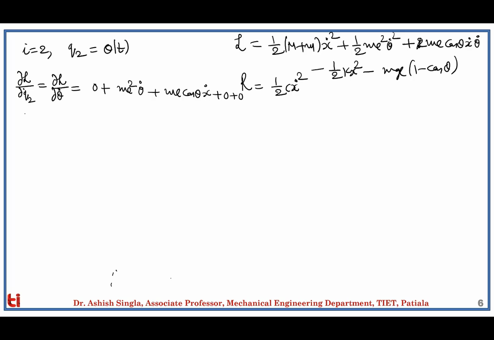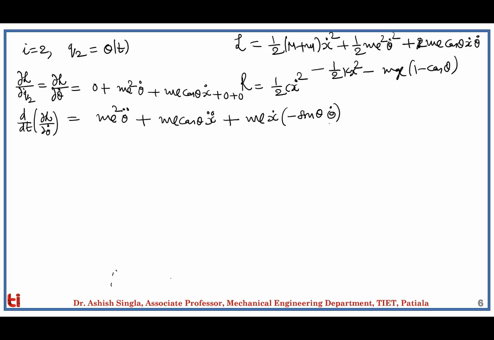Then we have the total derivative, which is equal to d by dt of del L by del theta dot, that is ml square theta double dot, plus again we have to use the uv formula, so we have ml cos theta x double dot, that is the first term, plus ml x dot into minus sin theta theta dot.